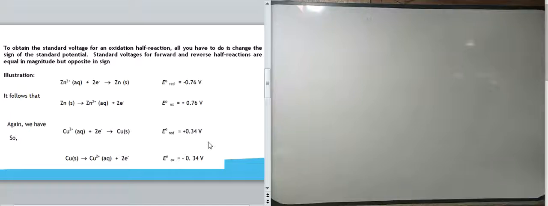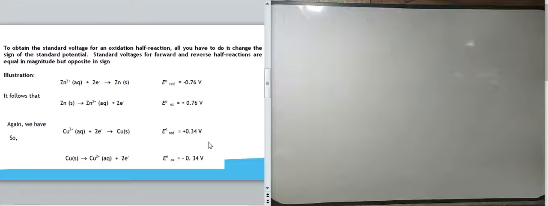Its standard reduction voltage is negative 0.76 volts. But if our reaction is an oxidation, we will just use the opposite sign. As illustrated, it is reversed: reduction is negative 0.76 and then oxidation is positive 0.76.